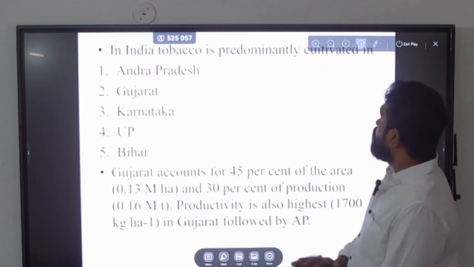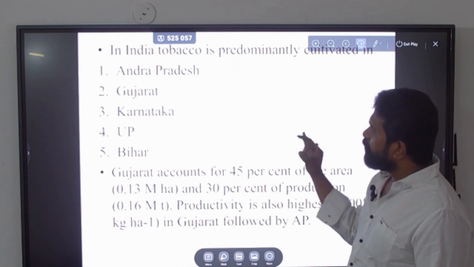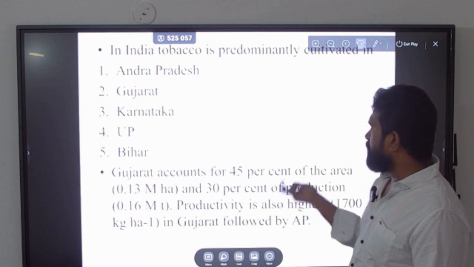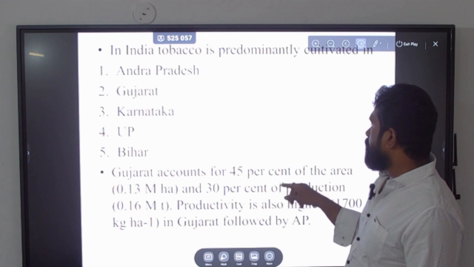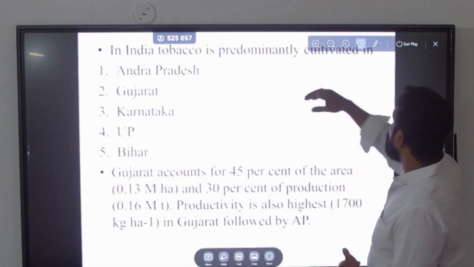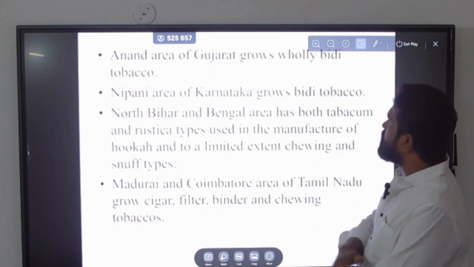You see, tobacco is cultivated in India in Andhra Pradesh, Gujarat, Karnataka, Uttar Pradesh, and also Bihar. But the highest tobacco productivity is in Gujarat, followed by Andhra Pradesh. The first place is called Anand.